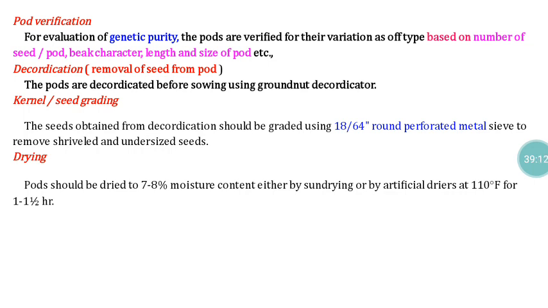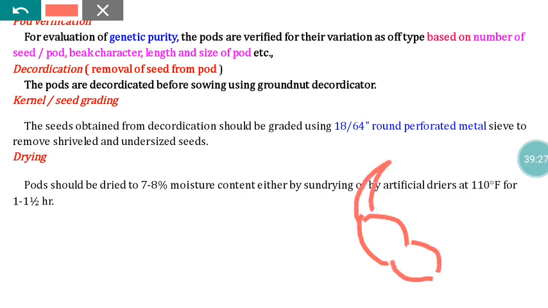If you know your variety, the pod color, pod size, shape and peak and everything. Normally in the case of groundnut, two compartments will be available, and in one compartment some varieties will have a peak like this, some other variety will have a peak like this, some of them don't have any peak, some have a very short peak.